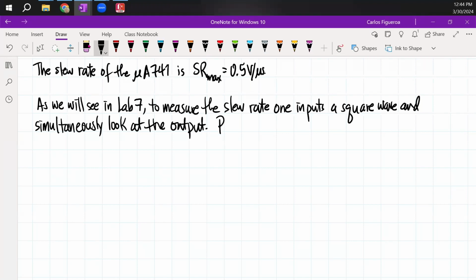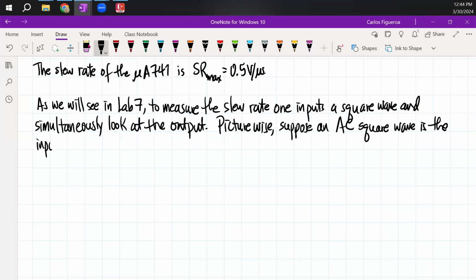So picture-wise, suppose an AC square wave is the input into the op amp.